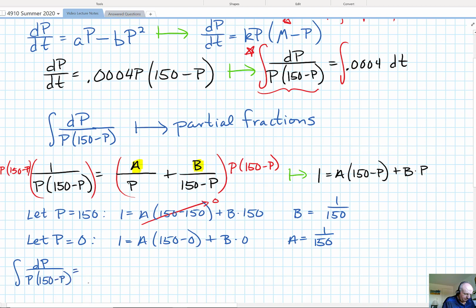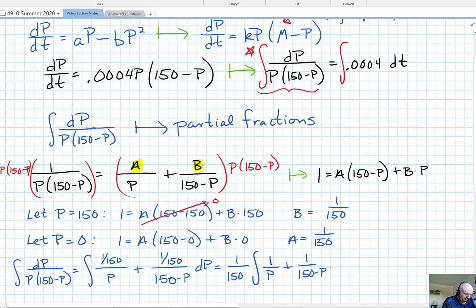But now I've decomposed that into 1 over 150 over P plus 1 over 150 over (150 minus P). Just so you know, I would normally put the 150 down here, 1 over 150P, but just so we can keep things straight. And I can factor a 1 over 150 out of this entire integral. So I end up needing to integrate these two things.